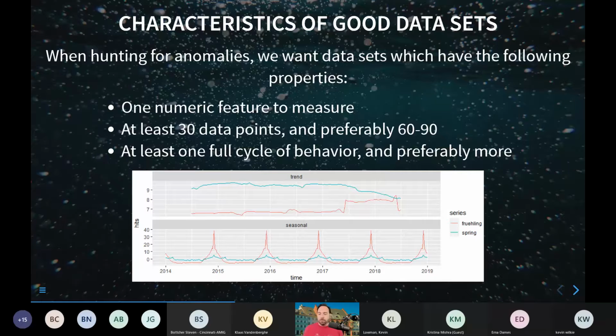Well, 30 is a rule of thumb. That is the number of samples needed to approximate a normal distribution when you're using the Student t.